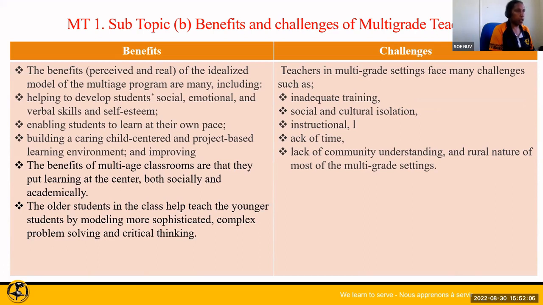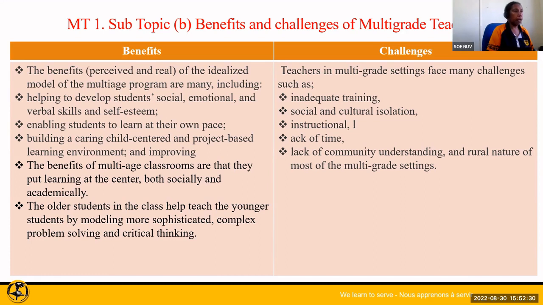The next one is social and cultural isolation. A challenge we can face is, how do you share the problems that you're facing? Sometimes there might also be just one group of the same children from the same place, so they might be culturally isolated from other children from other cultures.